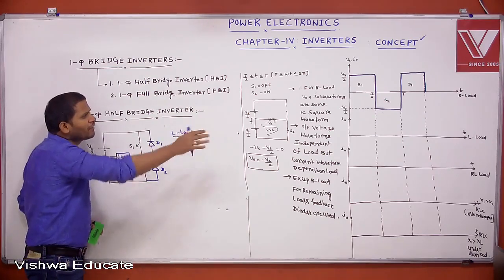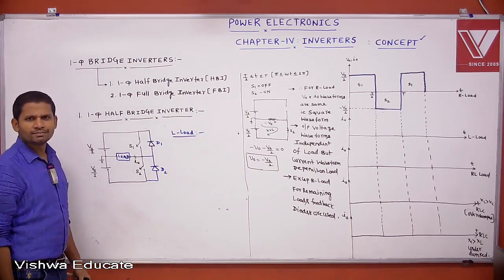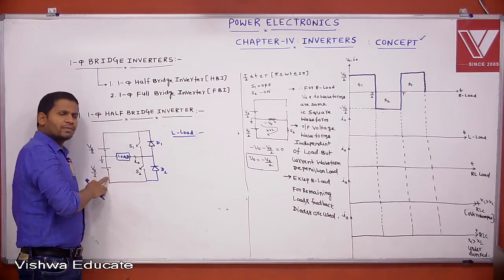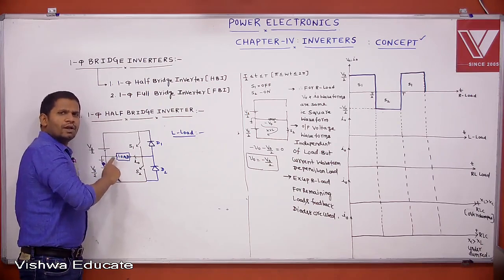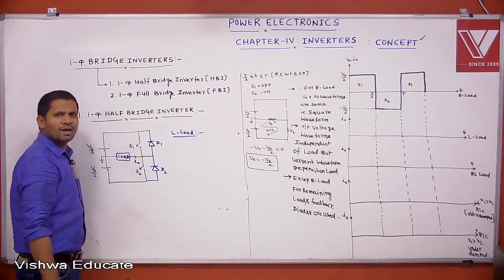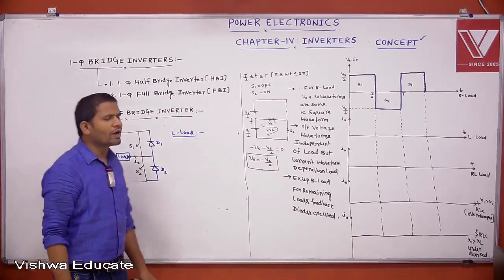Based on that you draw the waveform. That is one procedure. If you want to draw the current waveform for RL load, connect RL load, apply KVL, apply Laplace transform and apply inverse Laplace transform. Based on that you draw the waveform.